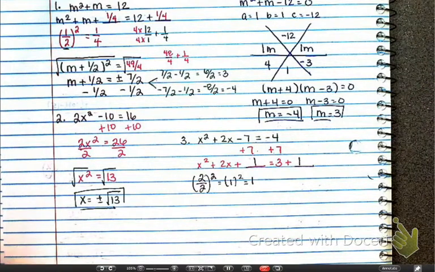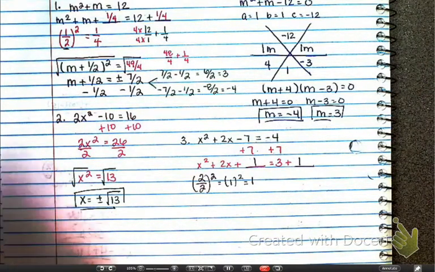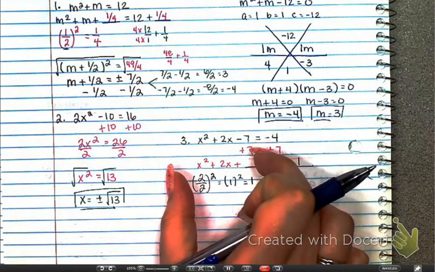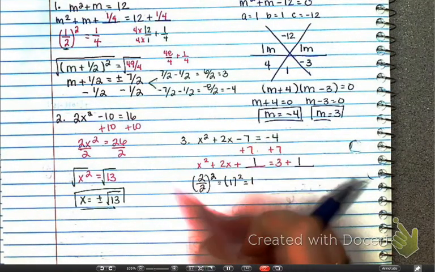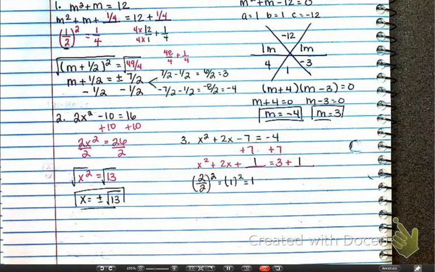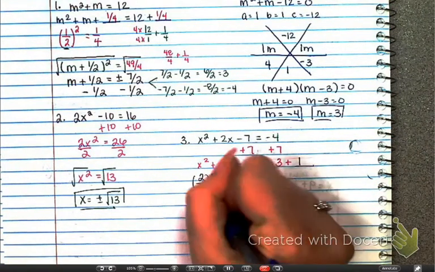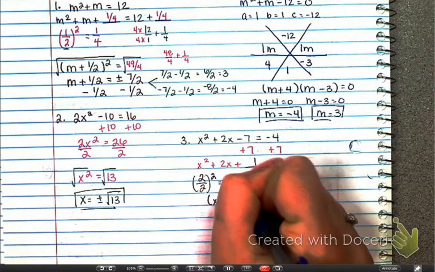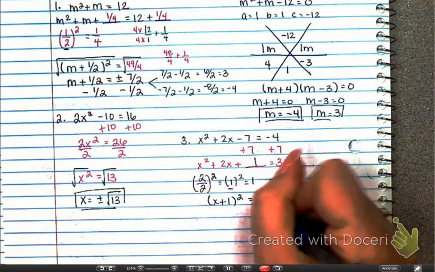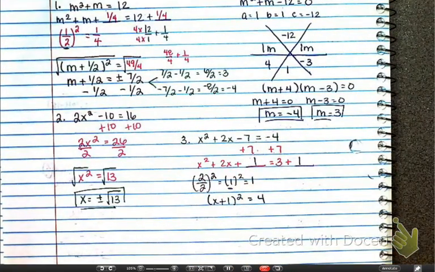What do I do to the left? What do we do to the left for completing the square? Okay, but what am I doing? Factoring. And it's x plus 1 squared. And on the right, we simplify. 3 plus 1 is 4.